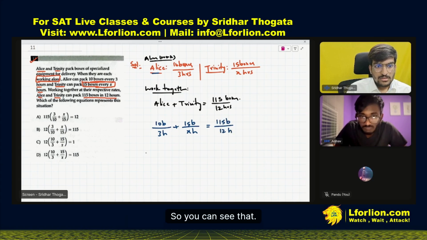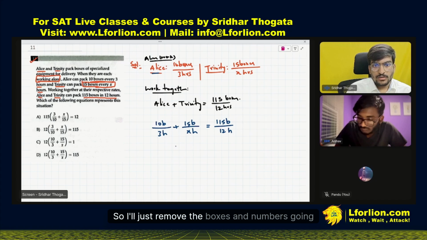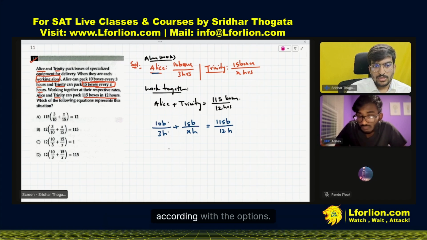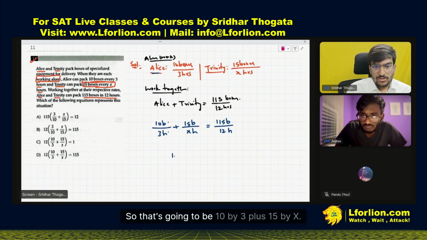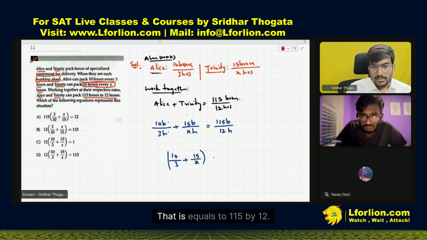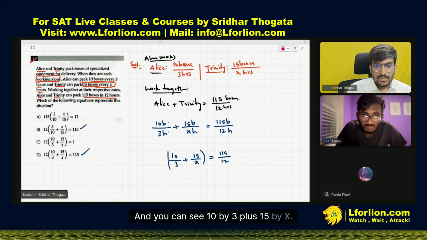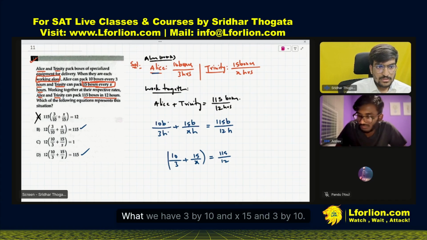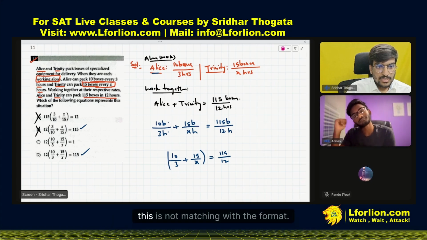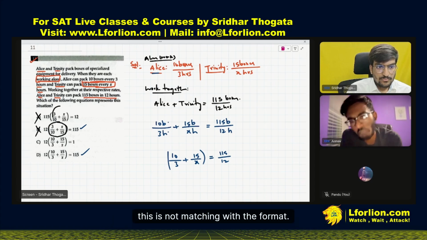So you can see that. I'll just remove the boxes and the numbers go according with the options. So that's going to be 10 by 3 plus 15 by X equals 115 by 12. You see the options, there is 115 and there is no 12, and you can see 10 by 3 plus 15 by X. Where is that kind of option? This is not matching with what we have, 3 by 10 and X by 15 and 3 by 10 again. This is not matching with the format of the equation we have.